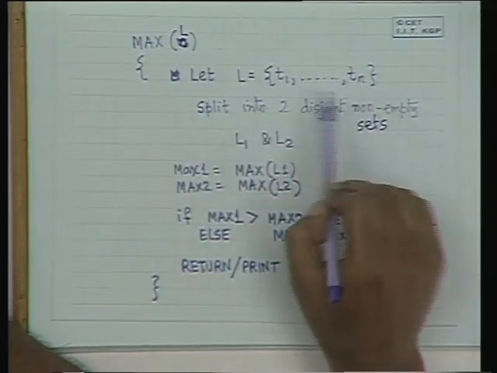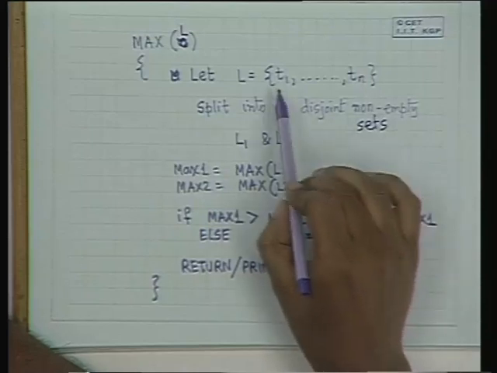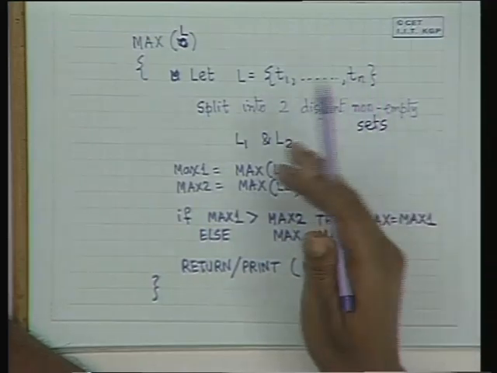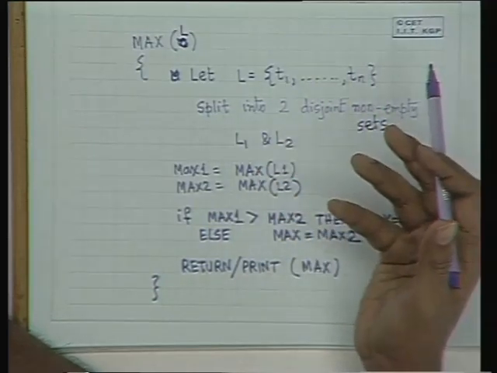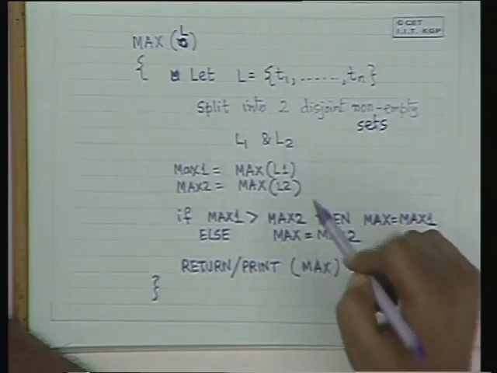a set of elements, split it up in any two parts. Split it up into any two parts, solve these two subproblems, and then from the solutions to the two subproblems obtain the solution to the original problem.